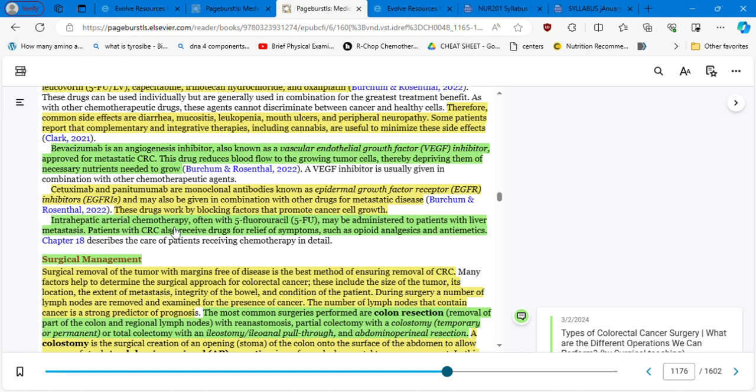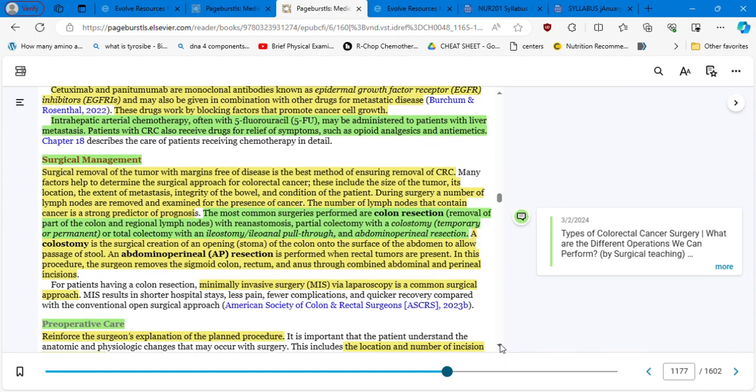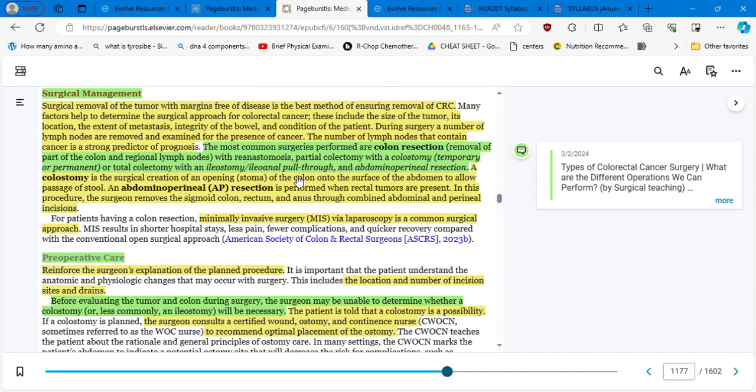Intrahepatic arterial chemotherapy, often with 5-fluorouracil, may be administered to patients with liver metastasis. Patients with CRC also receive drugs for relief of symptoms such as opioid analgesics and antiemetics. Okay. So now, surgical management. Surgical removal of the tumor with margins free of disease is the best method of ensuring removal of CRC.